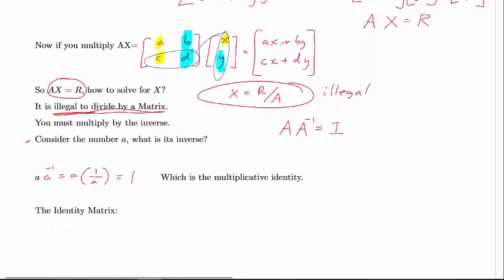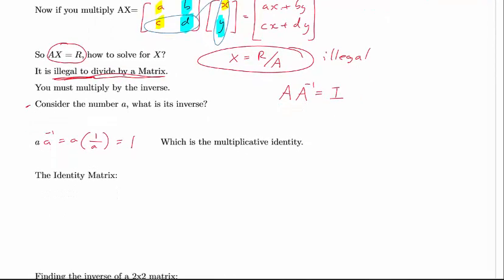So I want to talk to you a little bit about the identity matrix. And I've already kind of given you a hint about the identity matrix over here. So we have the identity for a number, which is 1. So the identity for 1, you can just write that as 1, right? Kind of think of that as 1 by 1, or scalar, if you will.